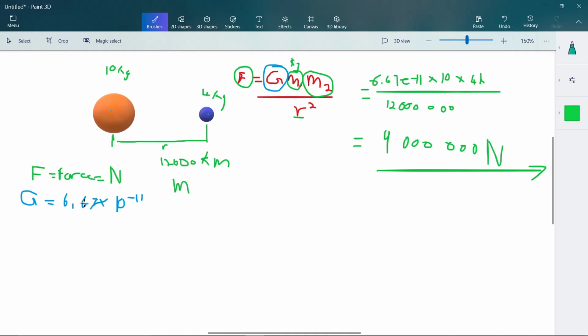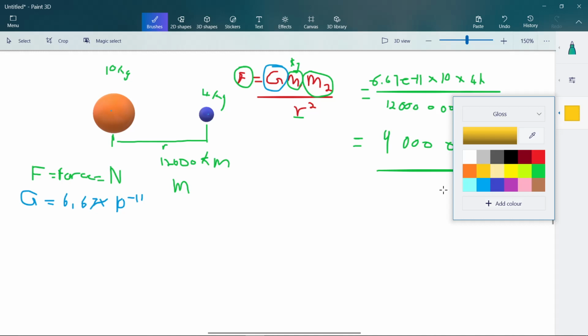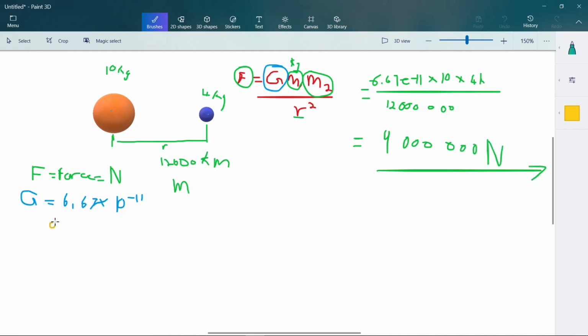And the next thing that is useful is to calculate the gravitational acceleration. You know, the gravitational acceleration near the earth is 9.8 meters per second squared. So they might ask you to calculate that.